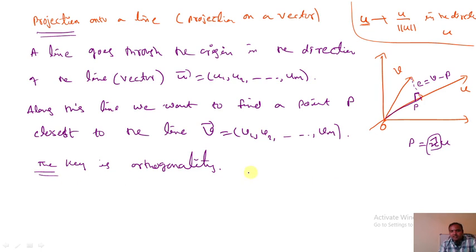Observe here the line drawn from v to p. Whether you write an arrow or not, u and v are vectors, and p is also a vector, the projection vector.